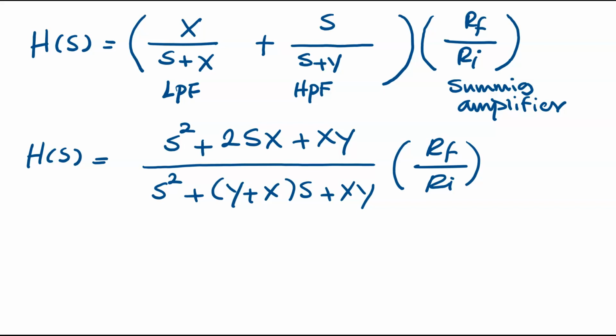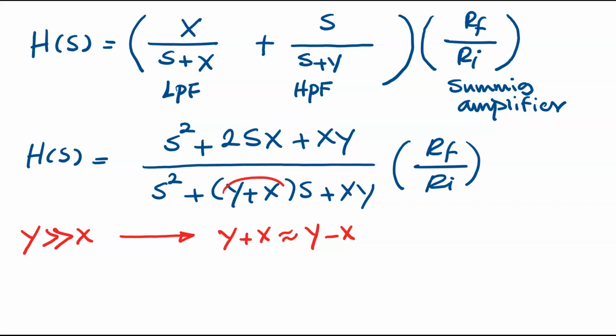Now, if I can assume that my cutoff frequencies for the low pass and high pass filter are widely separated, which means y is much greater than x, then I can assume that y plus x is very close and similar to y minus x. That's an important conclusion that helps me to say that my cutoff frequencies are equal to the low pass and high pass filter cutoff frequencies. So I can replace this y plus x by y minus x.